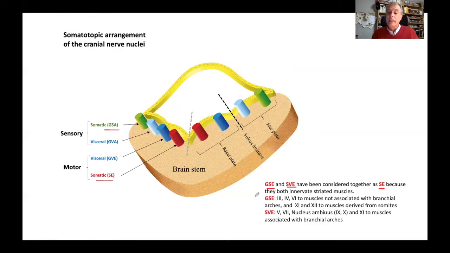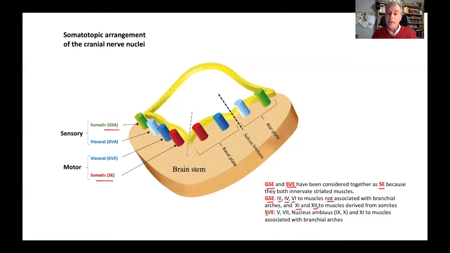Remember that the general somatic afferent component is formed by the oculomotor, trochlear, abducent cranial nerves because they innervate muscles not associated with branchial arches. They also include the accessory and hypoglossal nerves because they innervate muscles derived from somites.